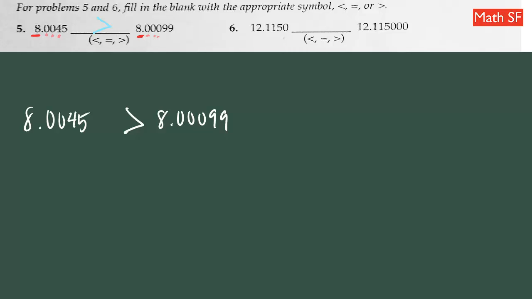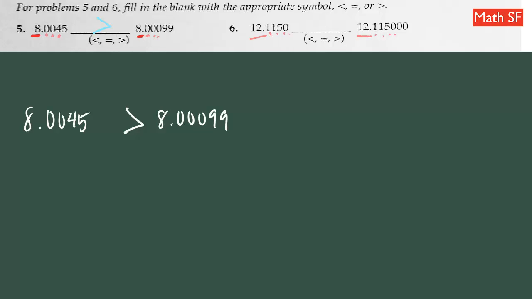The next problem. We're going to compare them digit by digit as well. Let's look at the whole part. There's 12 here and there's 12 here. So they are even so far. Now 1 and 1, they're the same. 5 and 5, they're the same. 0 and 0. Now wait a minute, there are no more digits there.